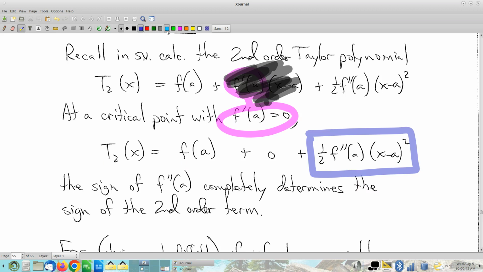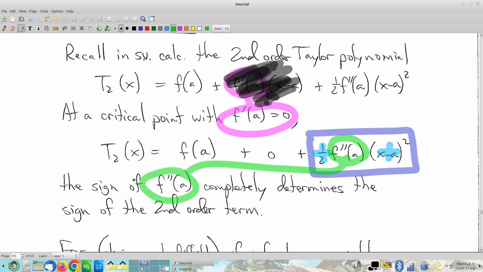I'll notice in particular that the 1/2 is always positive, right? And x minus a quantity squared is positive unless x equals a, but we're interested in how it's behaving away from a, so that's also positive. And so really the only question as to whether this term is always positive or always negative comes down to whether this f double prime is positive or negative. That's it.